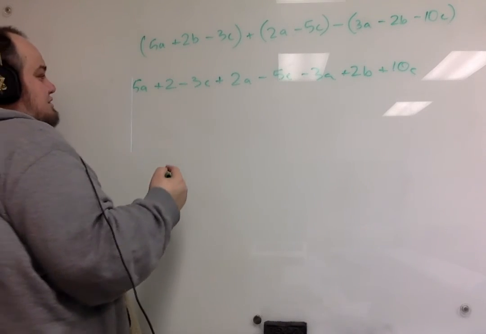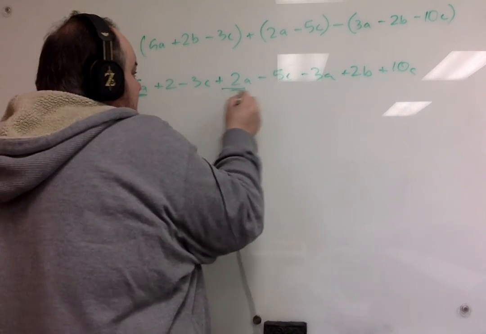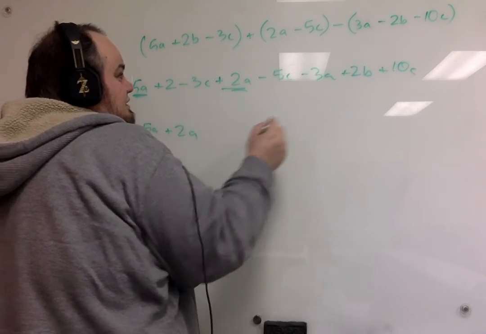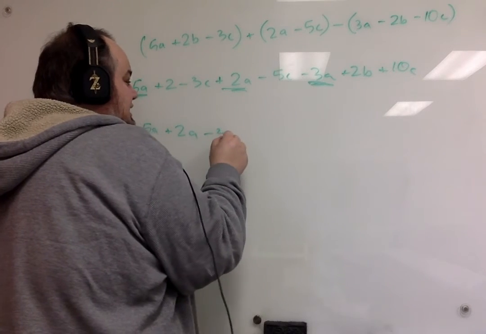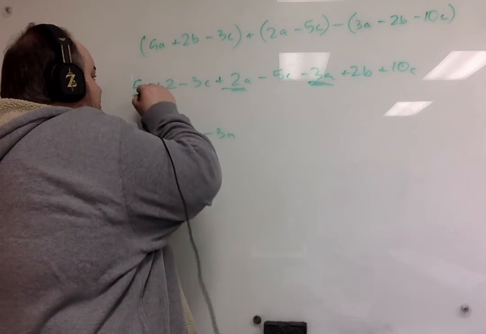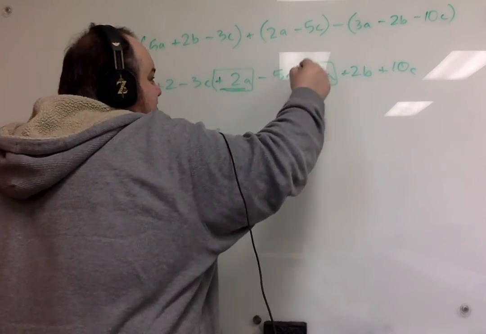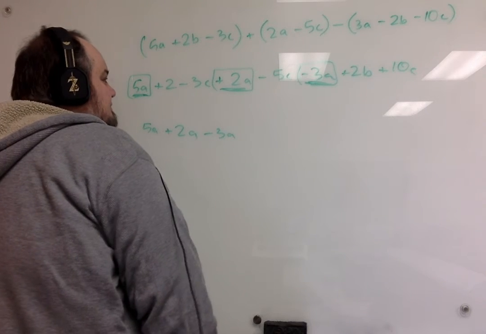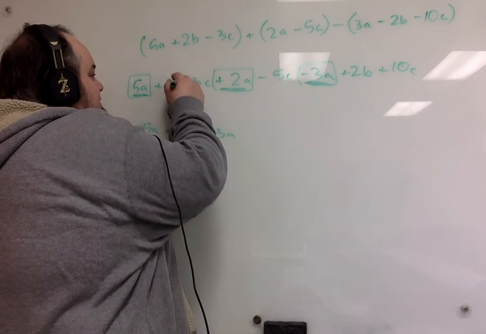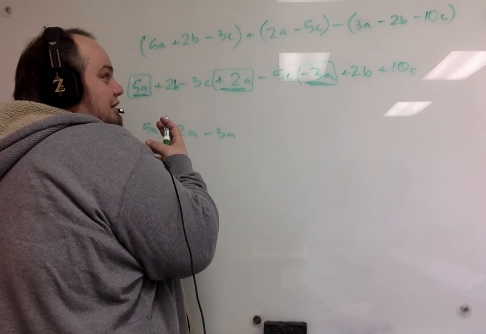Now we're going to rearrange. Here's an a, so 5a. Here's an a, plus 2a. Here's an a, minus 3a. Make sure you're keeping the sign with it. So it's a group. That's why we have 5a plus 2a minus 3a. The sign stays with it. And then the next one, oh, this is supposed to be 2b, but I did not write 2b.